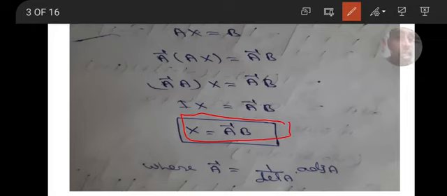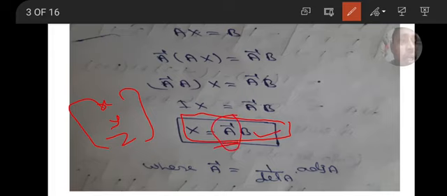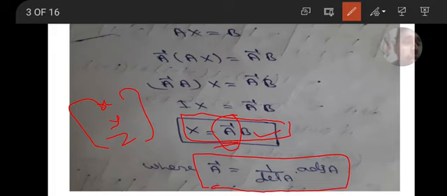Here X means the variable matrix x, y, z. To find this matrix, the formula is A inverse into B. So we have to find A inverse and multiply with B, where B is the constant matrix. We already know the formula: A inverse equal to 1 by det A into adjoint A. Adjoint A means the transpose of the cofactor matrix.